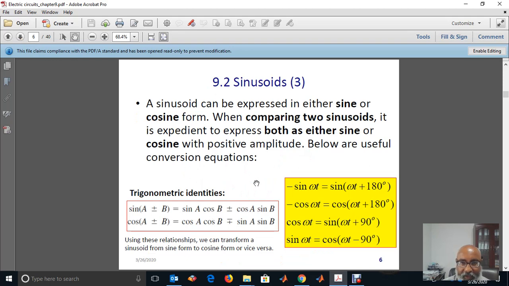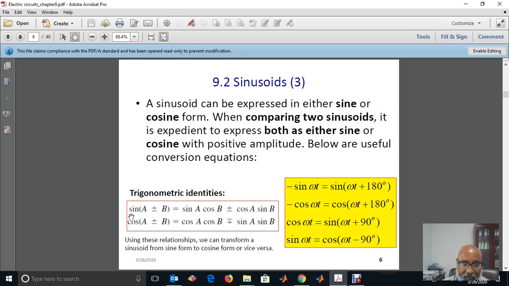Now, when we analyze sinusoids in a circuit, the signals, that means the voltages and currents, we write in the form of, for example, cosine or sine. So we have to change all the currents and all the voltages to cosine form or to sine form. In this course, we change everything to cosine.